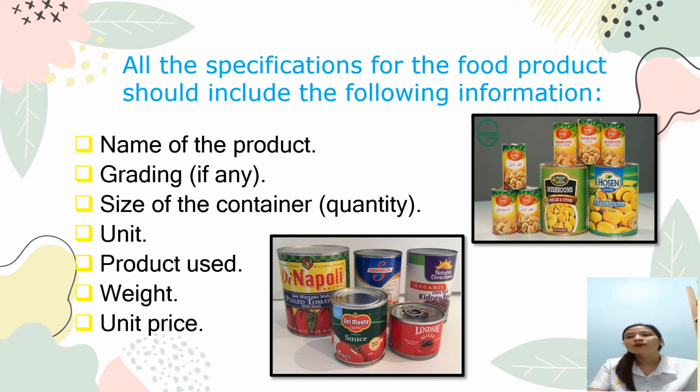For unit, measure like how many grams or ml. For the product, for example, when buying meat, we should find the cut. For the dish we need to cook, we have the weight. It's very important to know how many kilos or grams we need to buy. For unit price, for costing, we need the exact price for a specific weight.